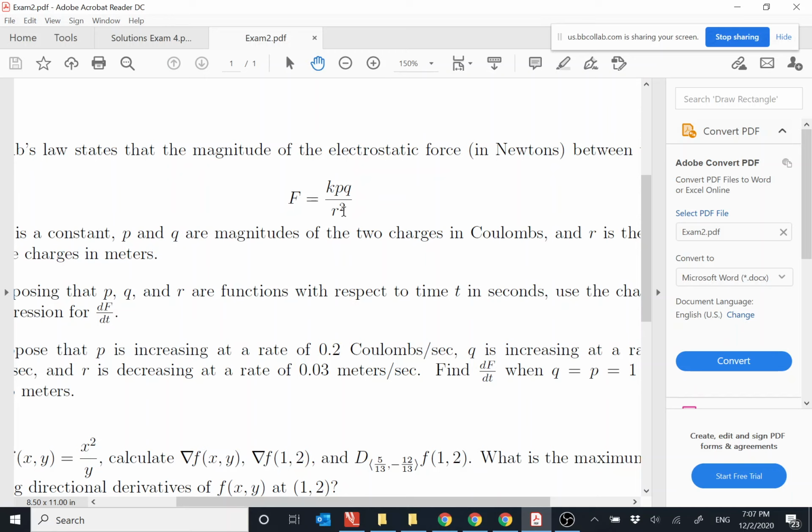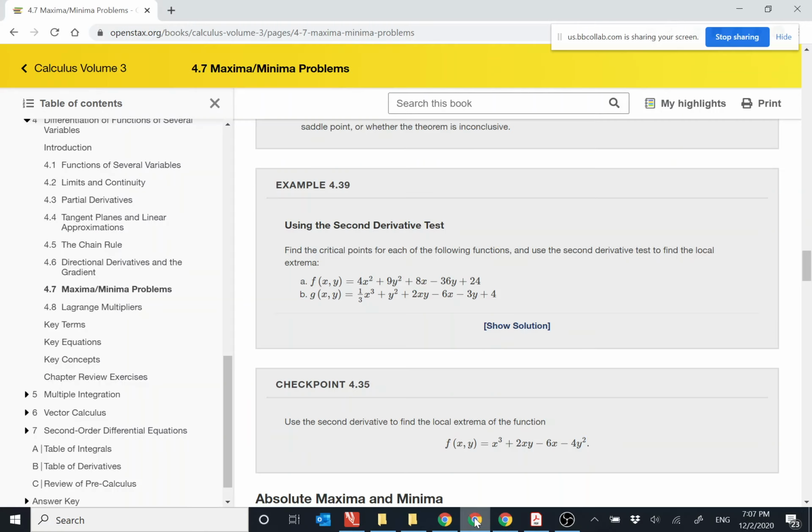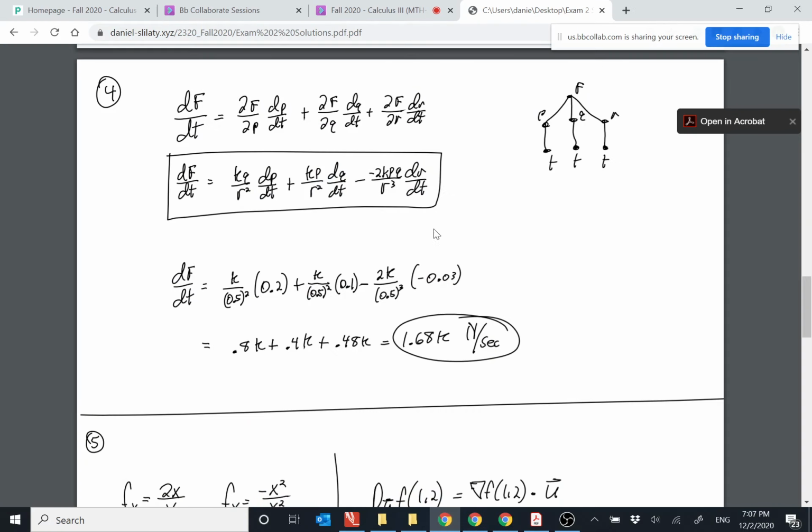The partial derivative with respect to q, everything's a constant, and then you have q, so it's kp over r squared. Partial derivative with respect to r, it's a constant times r to the negative 2, so the derivative is negative 2, this constant, r to the negative 3. That's what that answer is right there, minus 2kpq over r to the third.